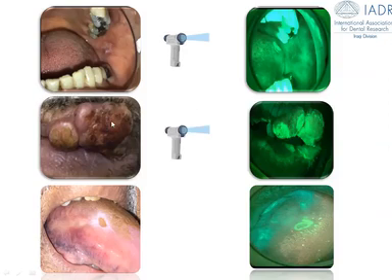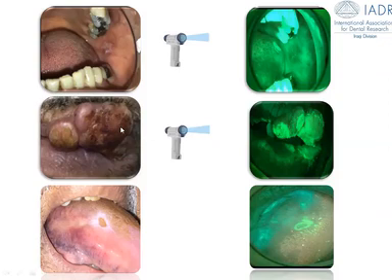Regarding the second picture, we have these extensive lesions that, after the biloscopy examination, showed a visual fluorescence retention as this green color. But after the histopathological examination, it was diagnosed as a squamous cell carcinoma. This result is described as a false negative result.